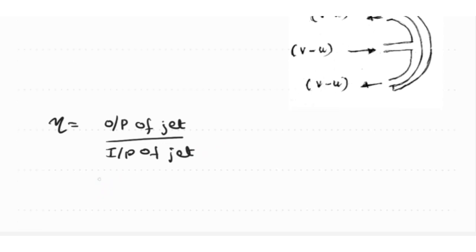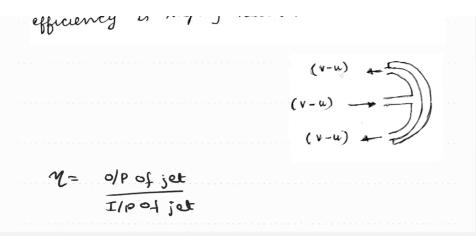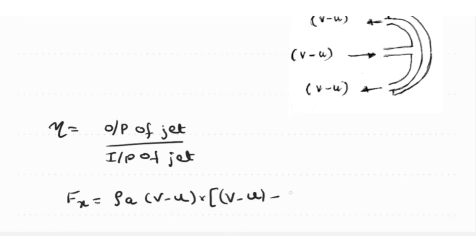So I will write here Fx is equal to rho into a into v minus u, into the initial velocity before striking, v minus u, minus, so you can see it is leaving with the velocity v minus u but in the opposite direction. So it is minus of minus v minus u.